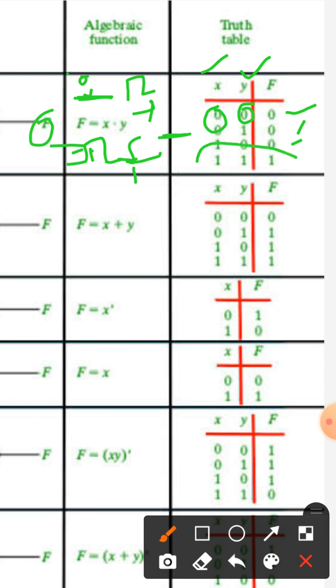Only under one condition, when all the inputs are high level, we will have a high level output, or 1. So this is the basic operation of an AND gate.